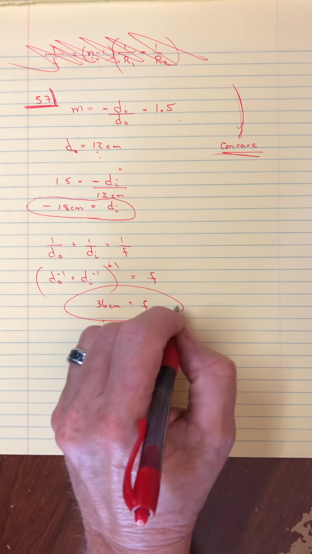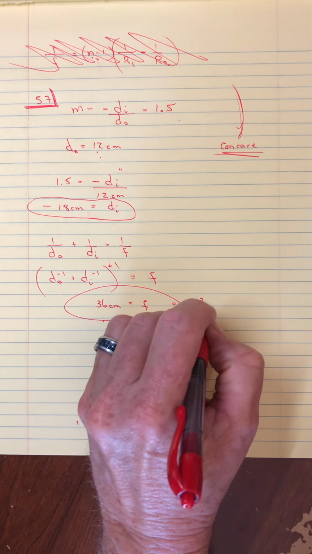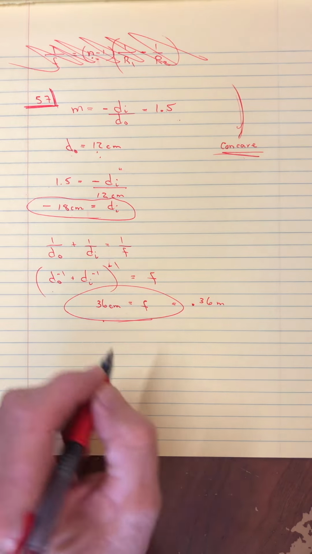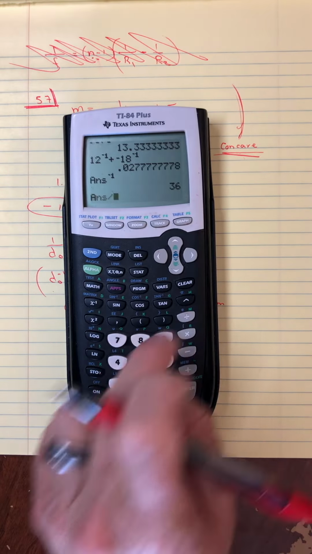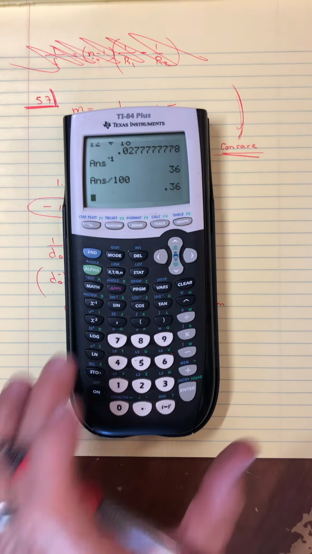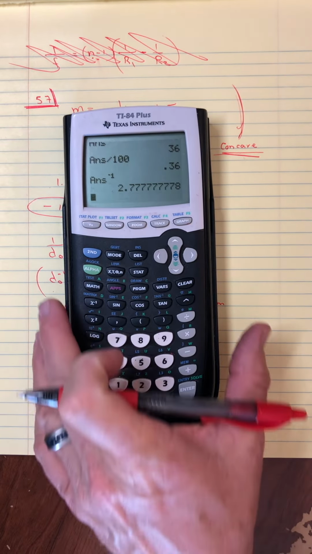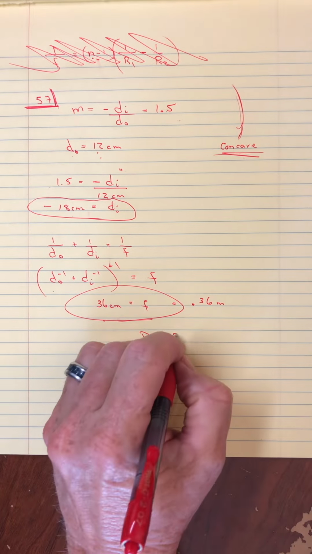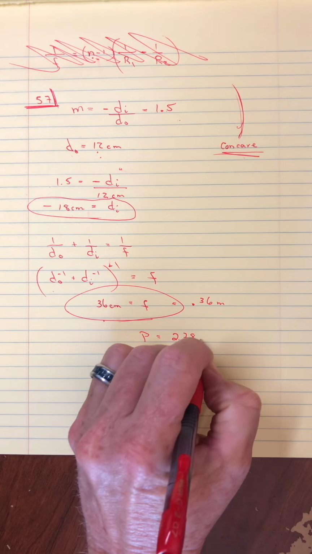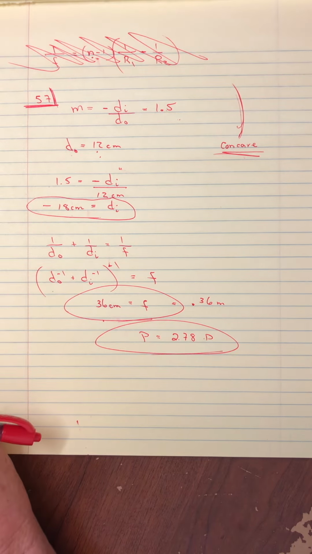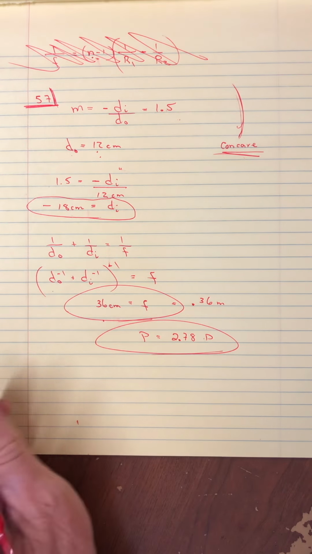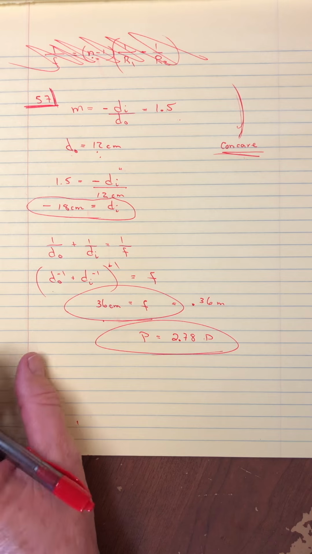Now, if I change that to meters, dividing by 100, and then take its reciprocal, I get the power in diopters. So the power of this mirror is 2.78 diopters.